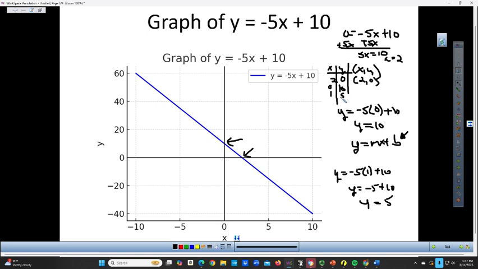Therefore, another ordered pair on this line is going to be 1, 5. And again, this isn't scaled, so it's hard to see where that would be, but we would guesstimate that 1, 5 would be roughly here on that line.